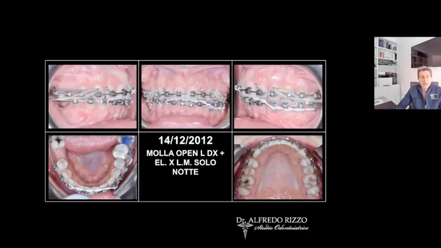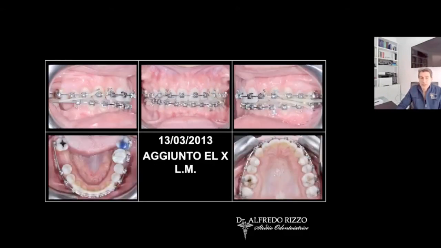We keep the chain in the lower. We continue the elastics through the next stage. Now we see December 2012. It is still the reverse curve wire, which has been working for many months. In such cases, it is very important to control your patient and follow up on their changes quite regularly.